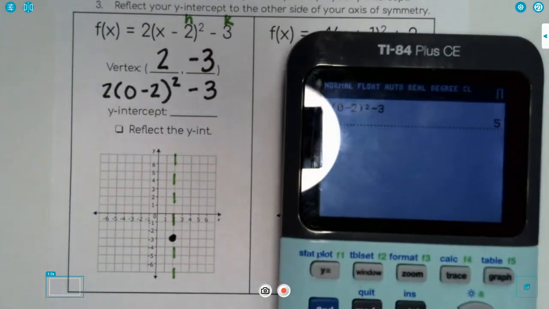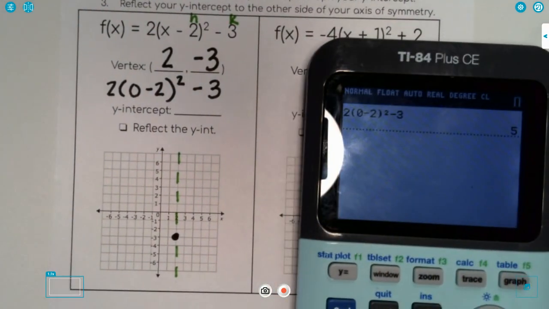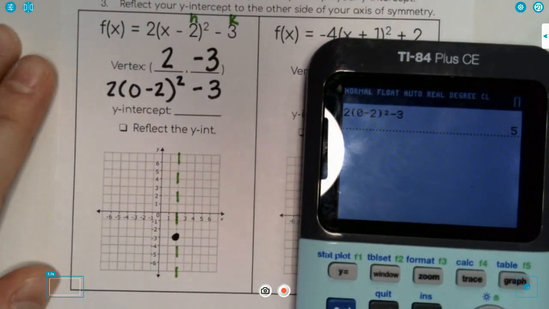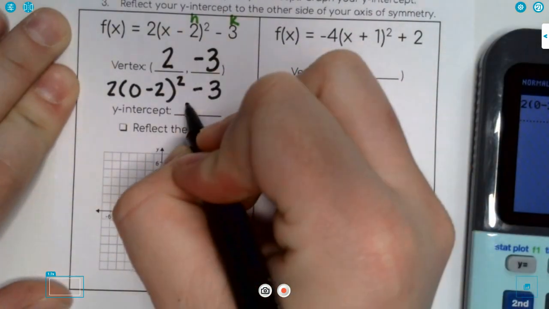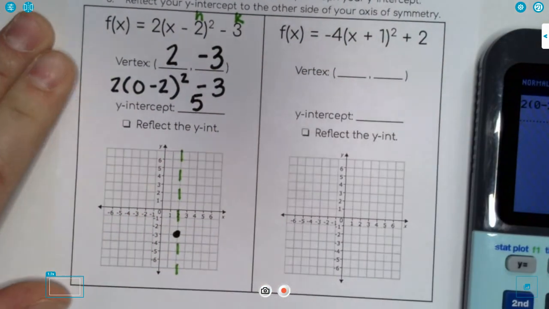Okay, so you should have gotten 5. That means our y-intercept is 5. So write that down here, that our y-intercept is 5.